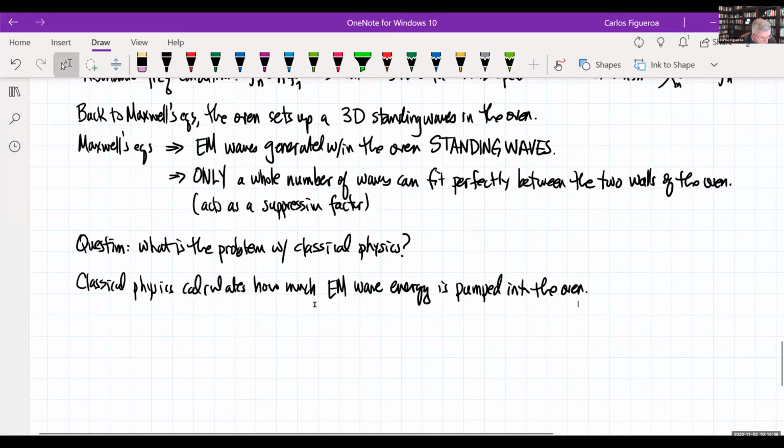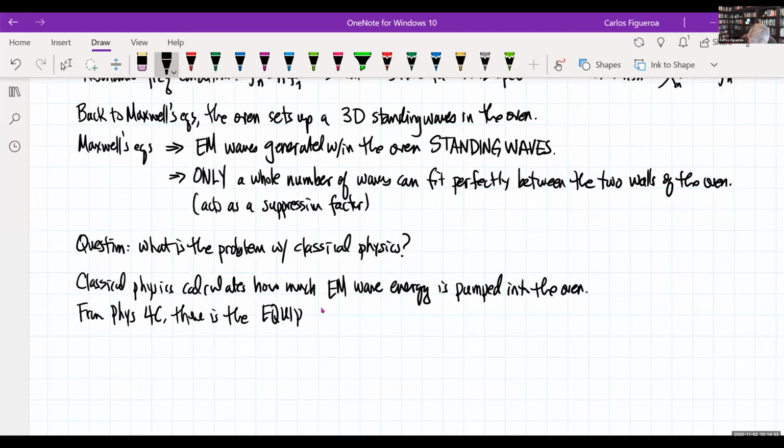Now, here's the main problem right here. From physics 4C, there is the equipartition theorem.